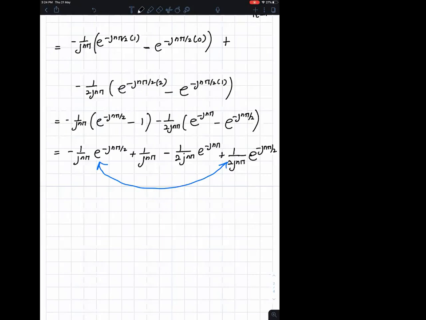If you combine those two, what do you get? Minus 1 over jn pi plus 1 over 2jn pi. If you multiply these by 2 top and bottom, then you will get minus 1 over jn pi.